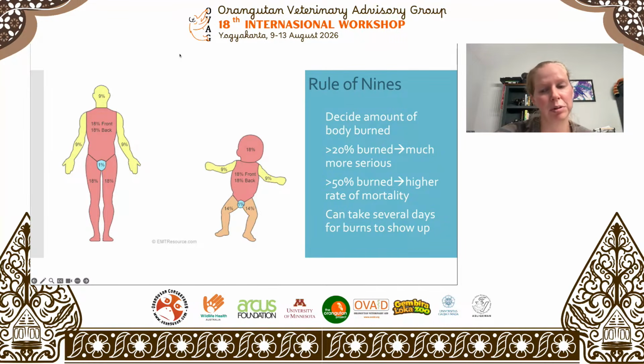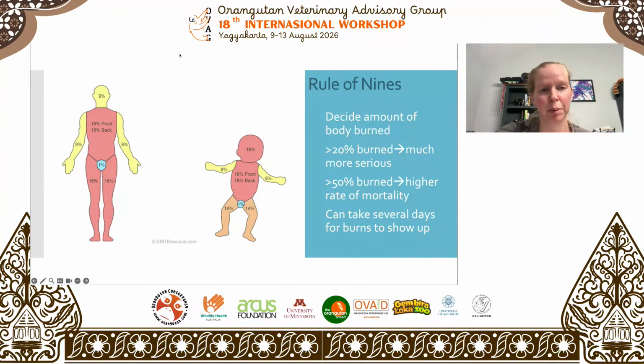And so if more than 20% of the body is burned, then it's going to be a much more serious injury and they're going to have a lower likelihood of returning to normal function. And if more than 50% of their body is burned, they're going to have a much higher rate of mortality.